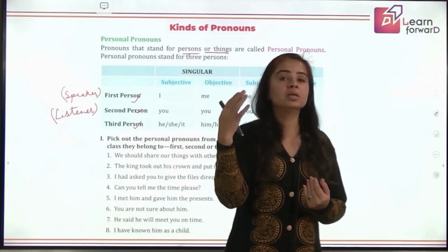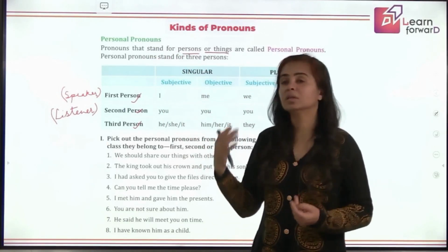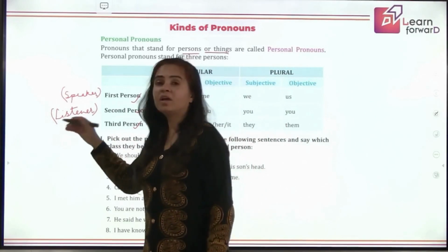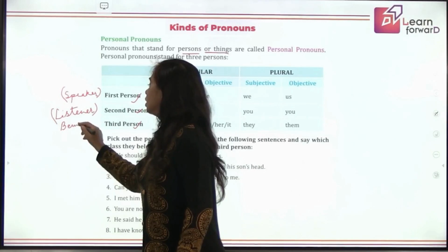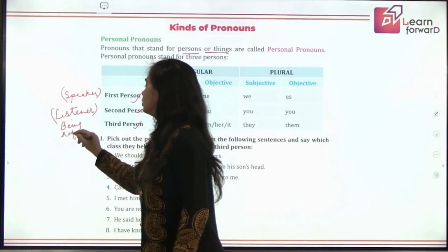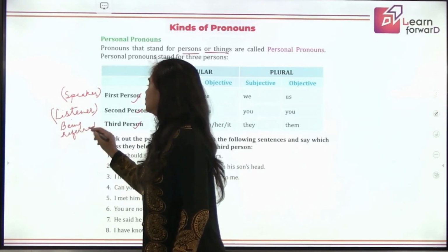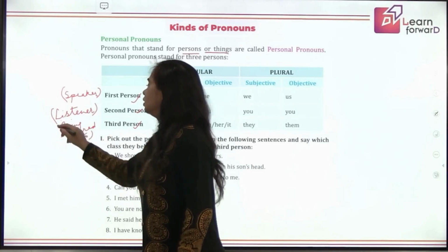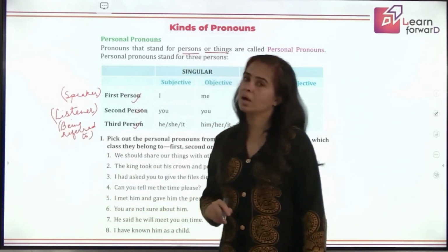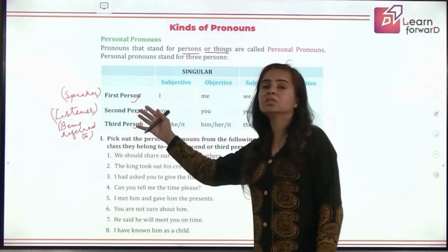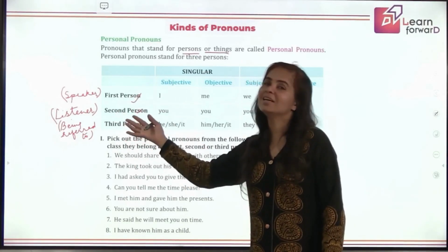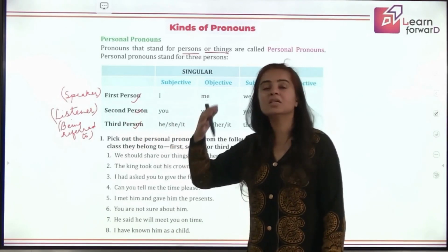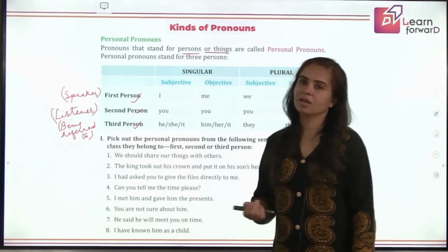So the person being talked about is the third person. So when we are referring to somebody, that comes in third person. Okay, that means somebody we are talking about. So this is about first person, second person, third person. First person is the speaker, second person is the listener, and third person is about whom we are talking.